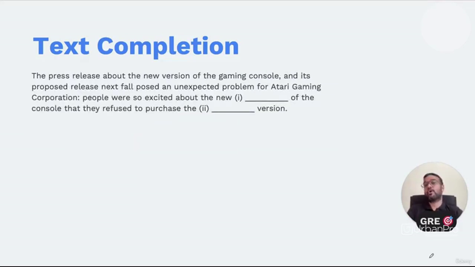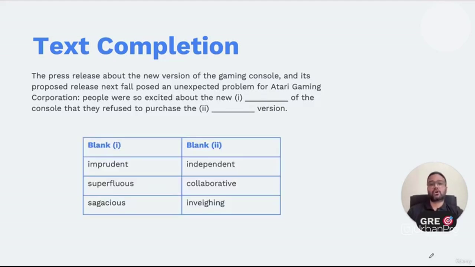The next form of the text completion is the multiple blank text completion. For a 2 blank text completion like this, you will have 3 answer options on each side, meaning you will have 3 answer options for each blank. Now, you might think that the word imprudent and independent come together as a pair, meaning if I select this as the right answer, this has to be the right answer for blank 2. Unfortunately, this is not the case.